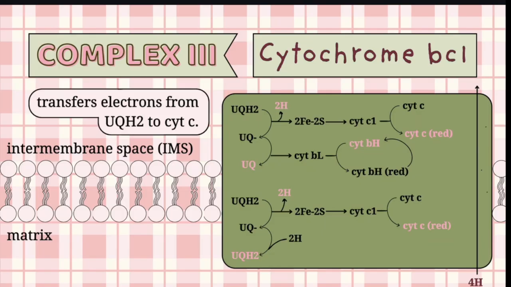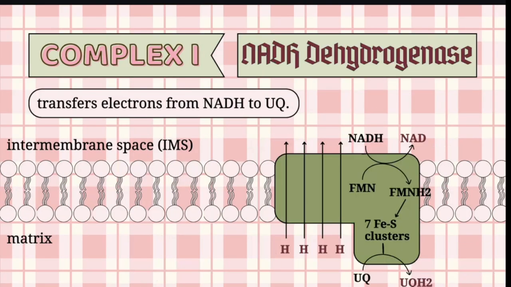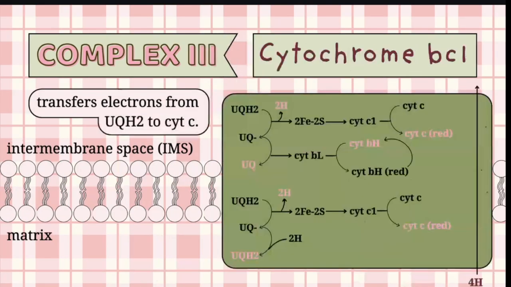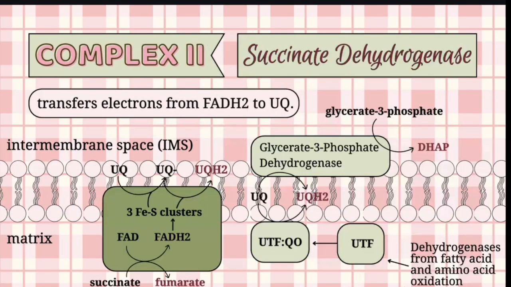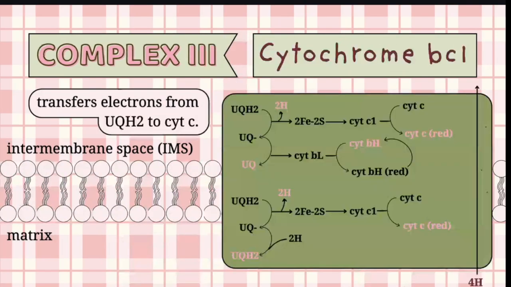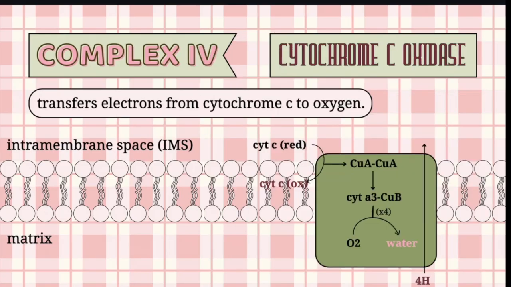You should know that. Each complex will produce 1 Q cycle. So if we were to use both complexes, we will get 2 Q cycles.